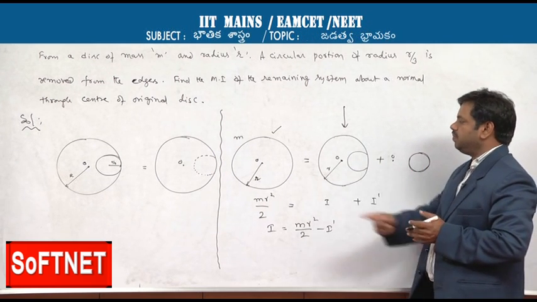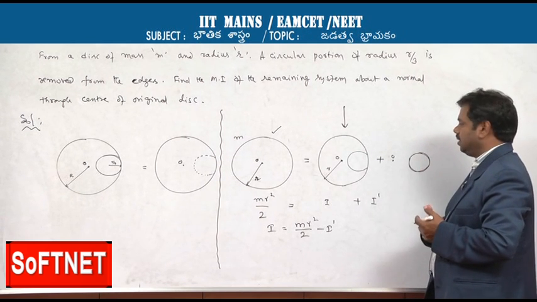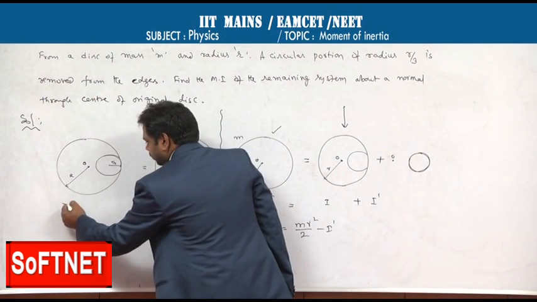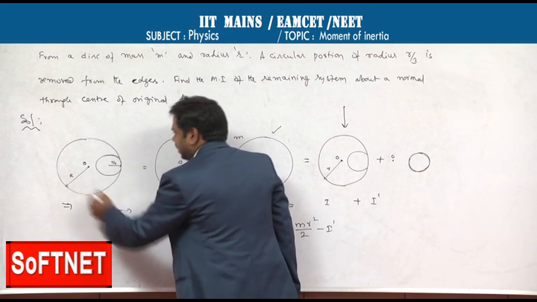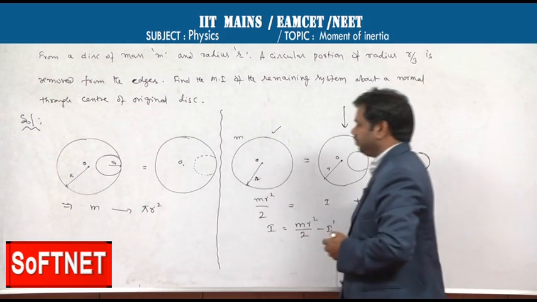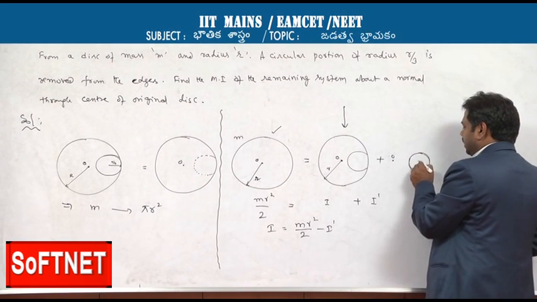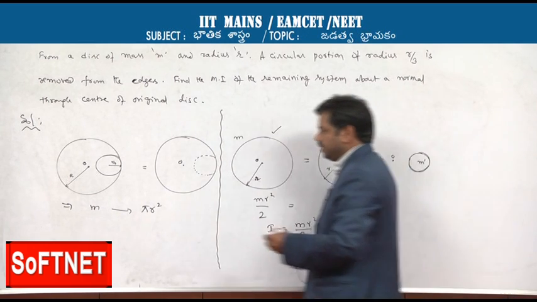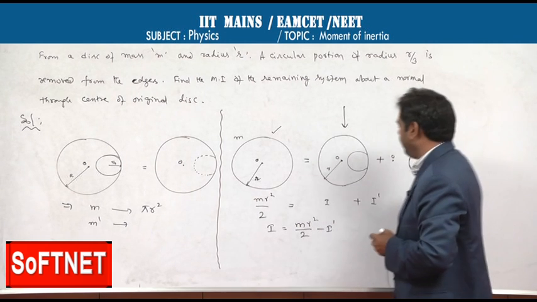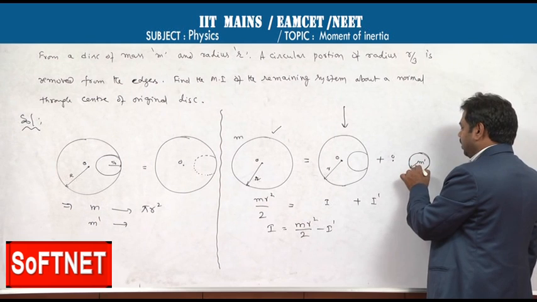Then how to find out the moment of inertia of this one? The original mass of the disk is given to you, small m, with radius small r. Then what is the mass of this removed part? I will write here. Small m mass is there for the total area, that is equal to pi r square. Then what is the mass of this removed part? Say this is m dash. M dash is there for how much area? The radius is already mentioned, that is r by 3.